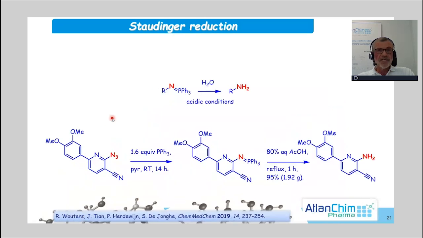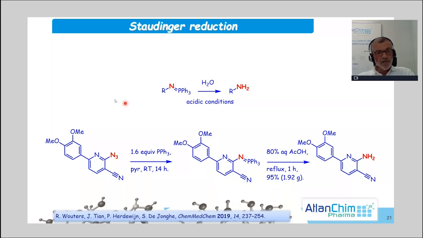Also, with certain substrates, iminophosphorane intermediates are rather stable in the presence of water and require acidic conditions for their hydrolysis.